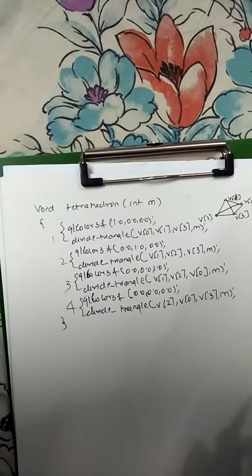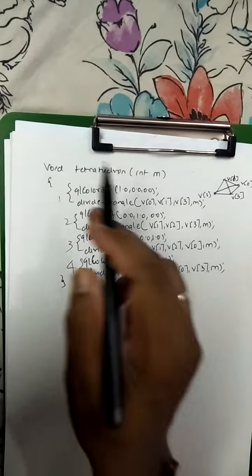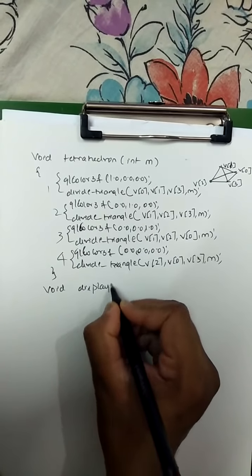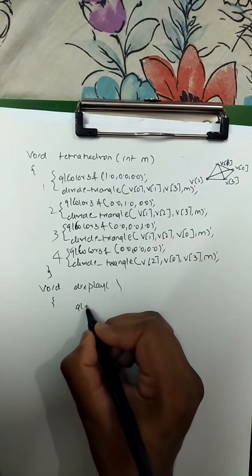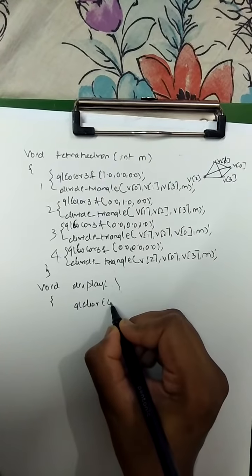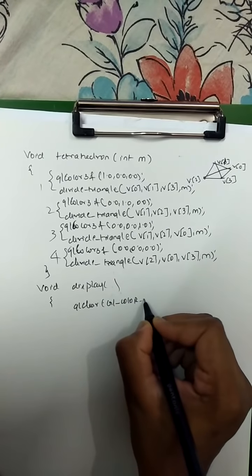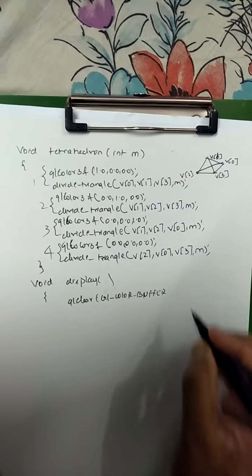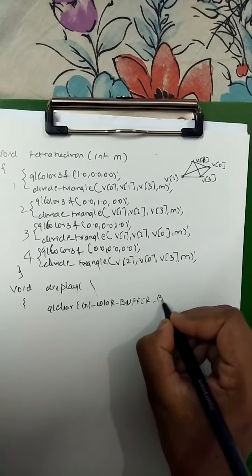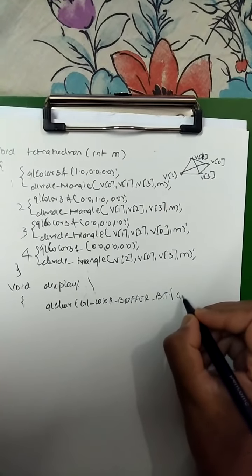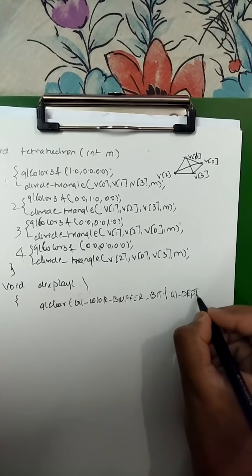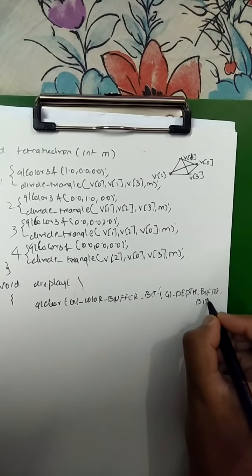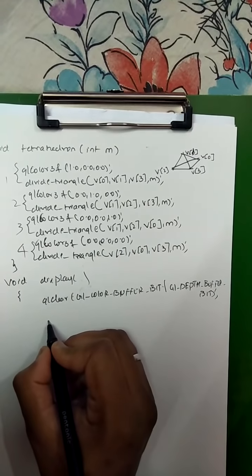Now who should call this tetrahedron function? That is nothing but the display function. So before calling, we have to clear the color buffer bit and GL depth buffer bit, since this is with respect to 3D.